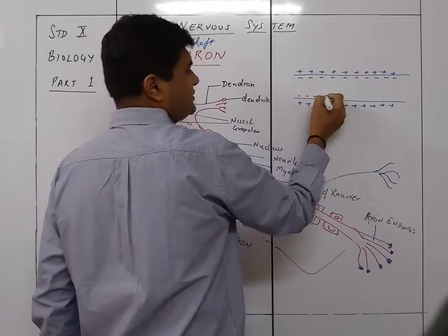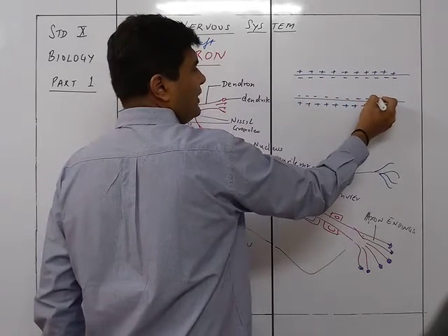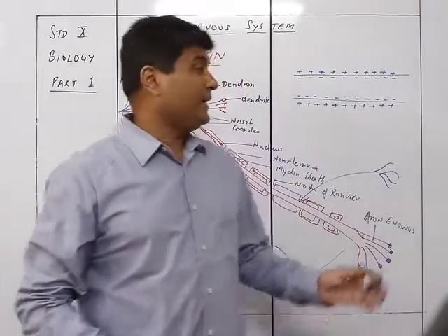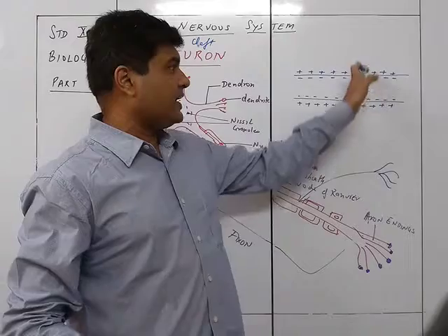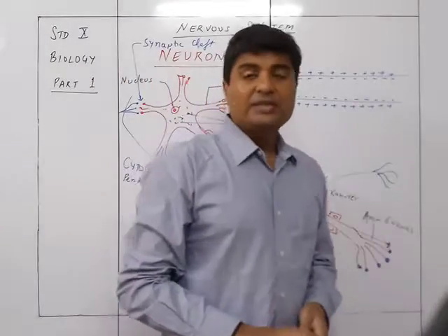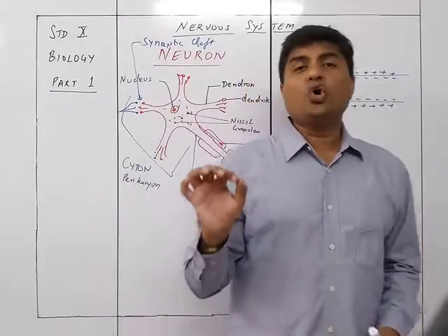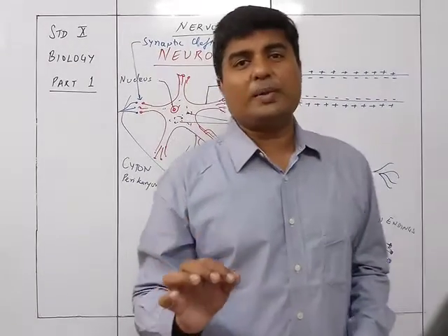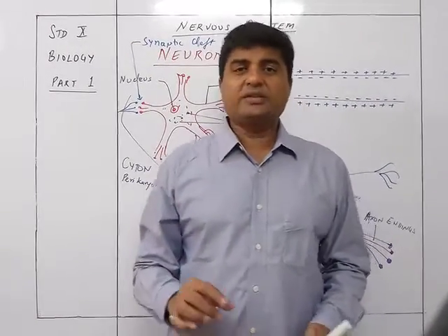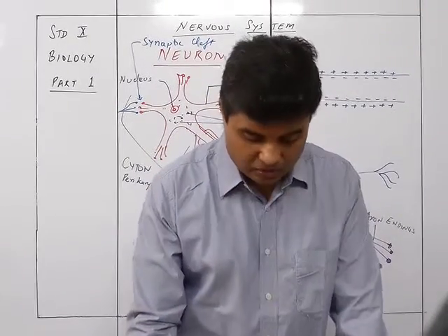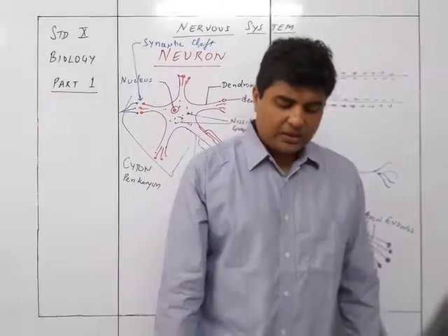The positive charge is due to the presence of sodium ions present over there. When it is like this, positive outside and negative inside, this is called the resting stage. That means there is no impulse traveling through that particular nerve cell. So that is the resting stage, wherein the positive ion is outside because of the presence of sodium ions outside the axon membrane.